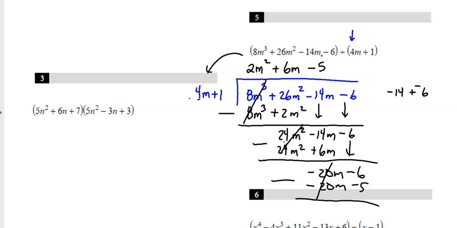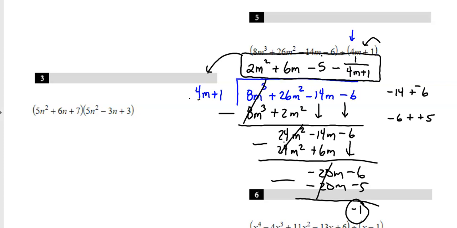I got to be careful now because I have a negative 6 take away a negative 5, which is really plus. So I now have a remainder of a negative 1. So how you deal with the remainder is, since it's negative, you just put a minus, and then you put that 1 on top of the divisor here. So this will be your final answer. All that good stuff using long division.